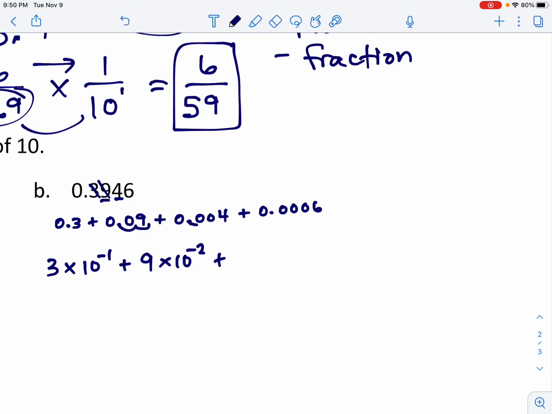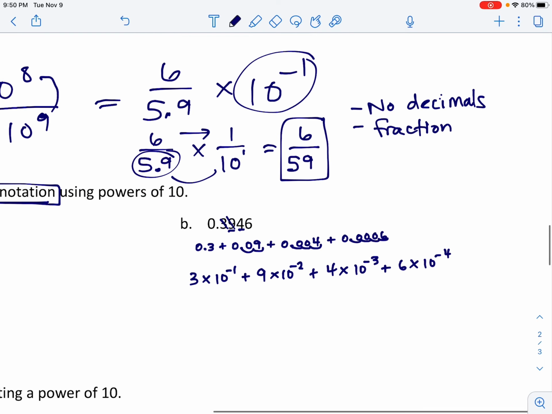Plus, this one goes 1, 2, 3, so 4 times 10 to the negative 3. Plus, this one, 1, 2, 3, 4, 6 times 10 to the negative 4th power. And there you have it. There is your scientific notation written out in expanded notation.